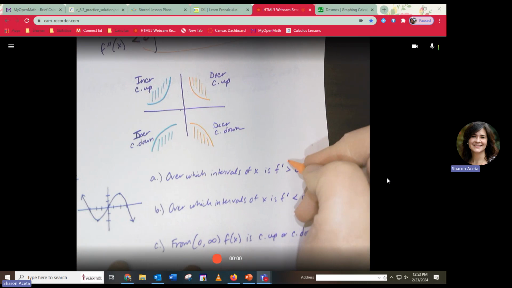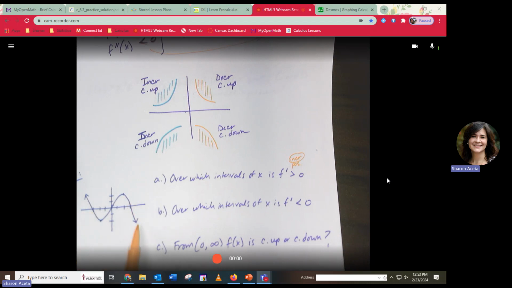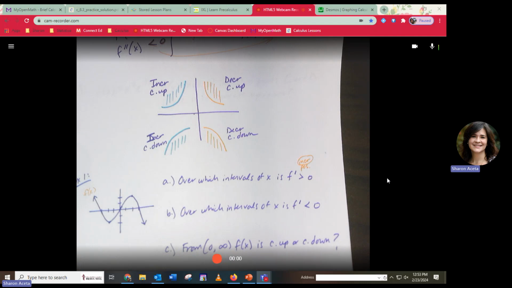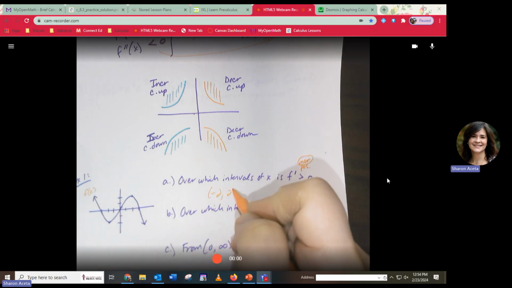So this means I'm positive and I am increasing. So if this is your f of x function, where is it increasing? Looks like I'm decreasing, then I get about here, which is about -2, and then I start increasing until about 2 on the x. So from -2 to 2.